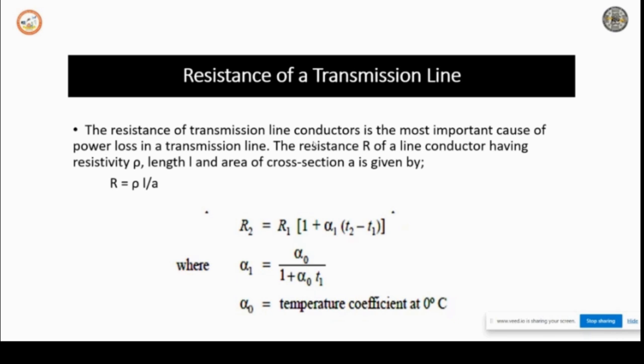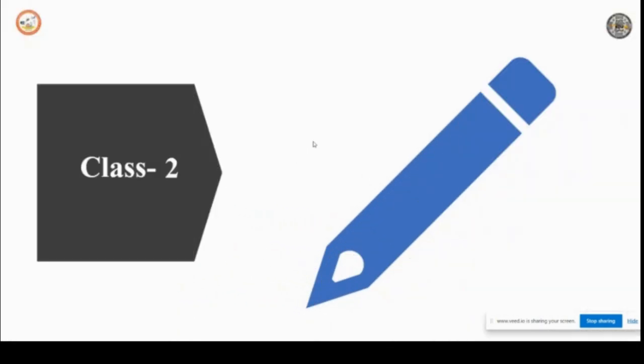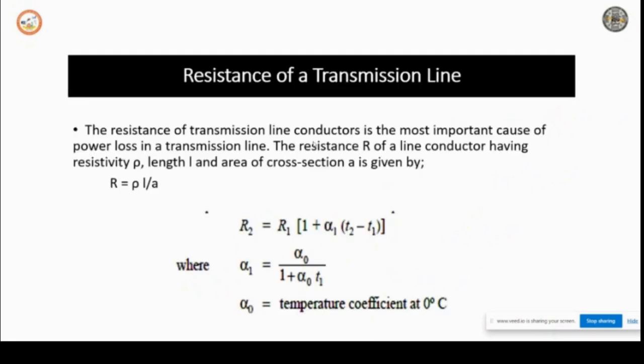But the performance of the line can be conveniently analyzed by considering the distributed resistance as a lumped one. We always do that, right? It's actually considered as lumped instead of distributed.